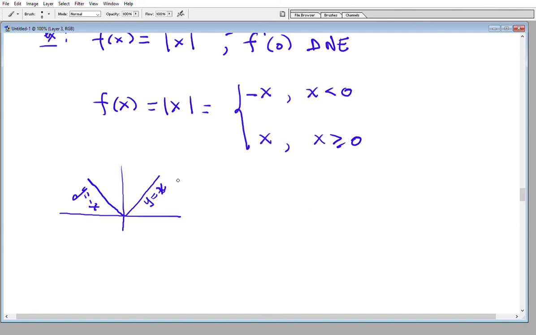We'll see soon that the derivative of a line... Let's look at this function on the side. I just want you to guess. What do you think the derivative of that is? Just guess. Remember, derivatives give us slopes, right? What would make sense for the derivative of that without going through the calculation?